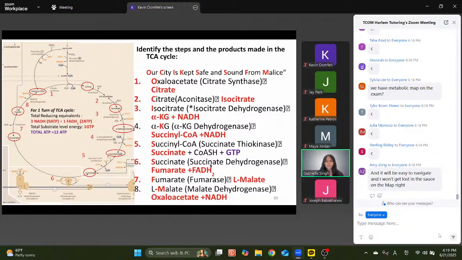Alpha ketoglutarate produces succinyl-CoA and NADH, not ATP. Fumarate produces only L-malate, not FADH2. And then succinate produces FADH2, not NADH. And you will see this on the metabolic map. You can move on.